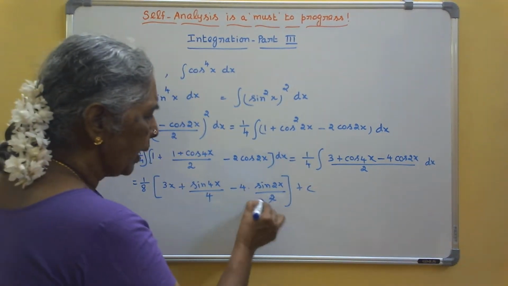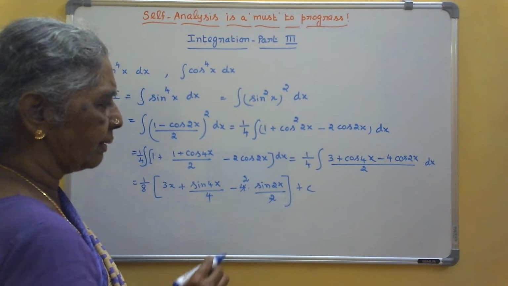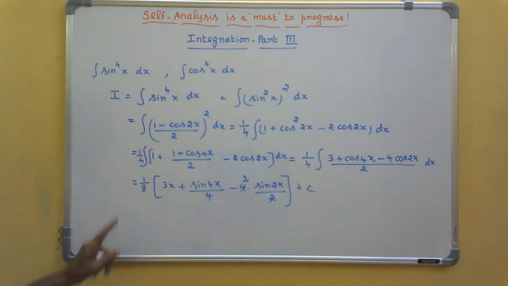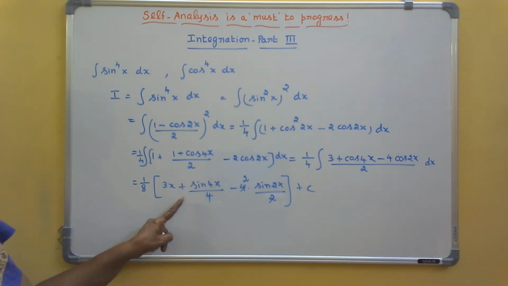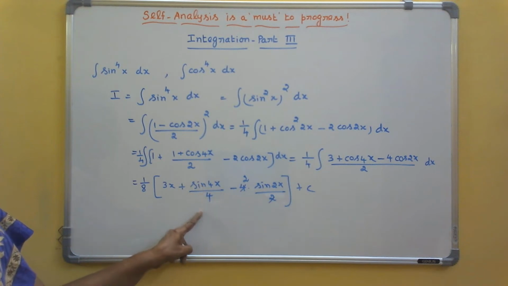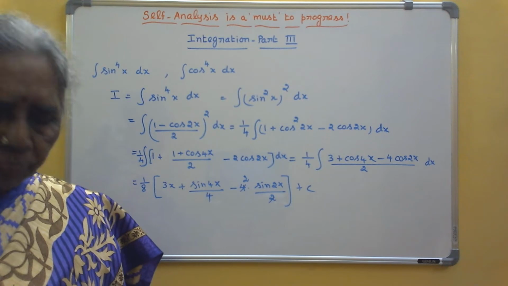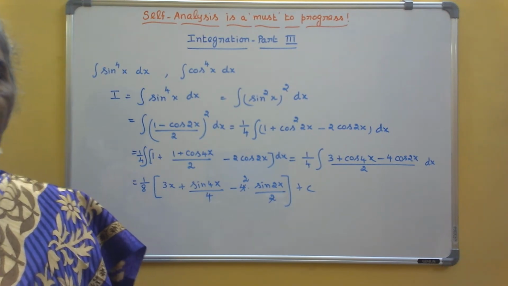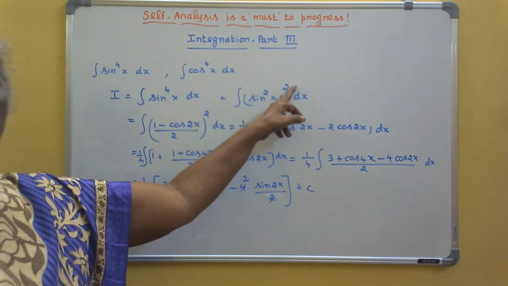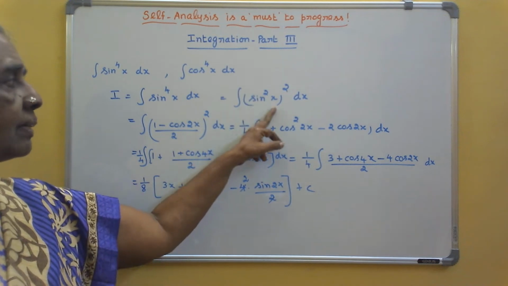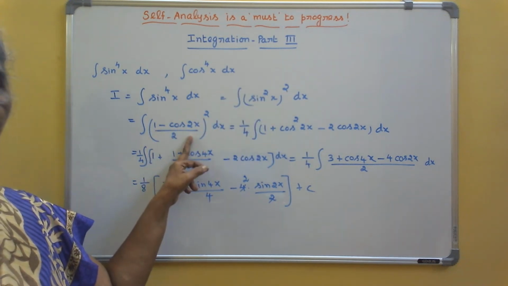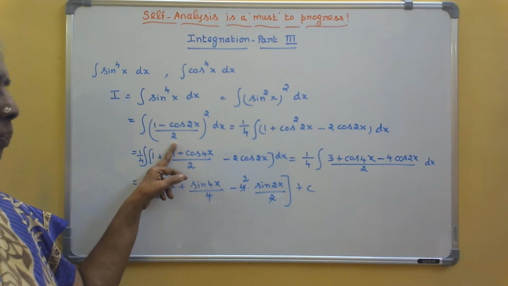Now this 2 and this 4 you can cut. So the final answer will be 1 by 8 into (3x plus sine 4x by 4 minus 2 sine 2x) plus c. Is this clear? Sine power 4x you write as sine squared x the whole square. For sine squared x you use the multiple angle formula (1 minus cos 2x) by 2.